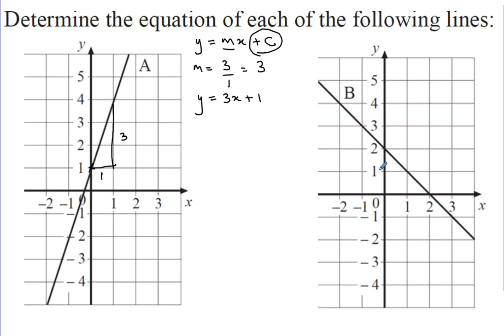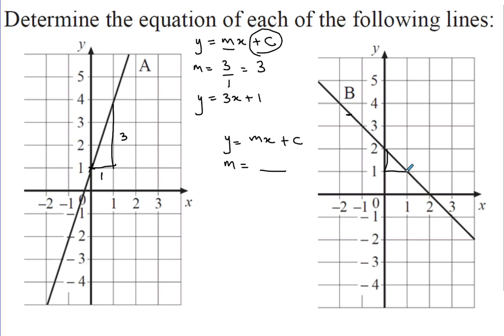Okay, this time, as I said in the previous graph, if a line is drawn that way, it's got a negative gradient. So again, you've got your y equals mx plus c. Your m is your change in y divided by your change in x. So we draw it that way, which is quite a simple one. Remember, you can't actually draw a triangle from a point that's not on the actual integer points.